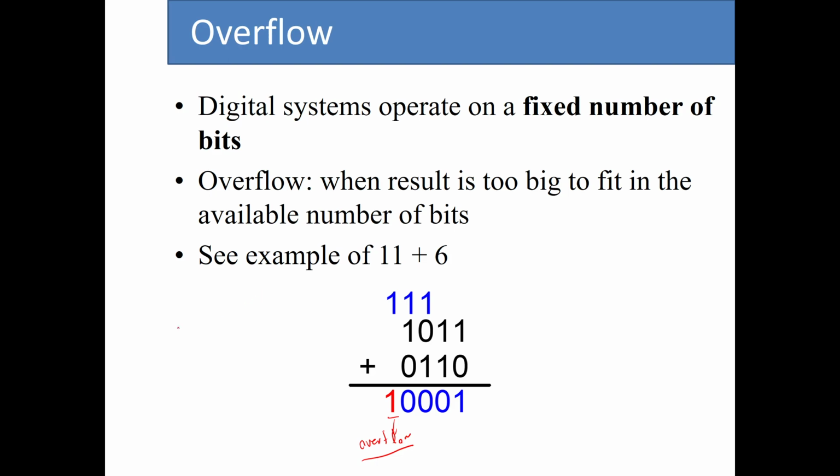So we said that if we are working with an n-bit number, the range of the values that can be shown with n bits is between 0 and 2 to the power n minus 1. So for example, for a system in which n is equal to 4, the range is between 0 and 15. The result of this addition is 17, and as you can see, 17 is out of this range.